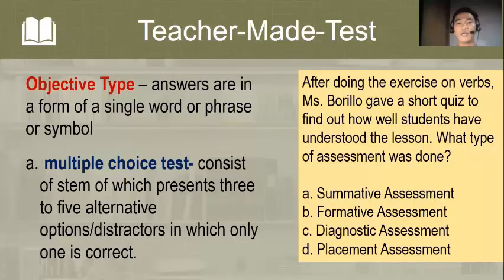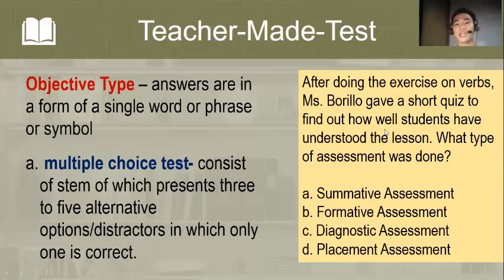And take note, when we talk about options or distractors, there are what we call correct answers. Now, for instance, item number 1: after doing the exercise on verbs, Ms. Barillo gave a short quiz to find out how well students have understood the lesson.